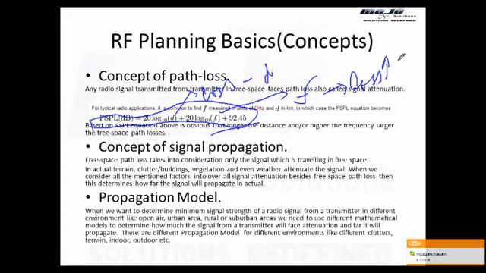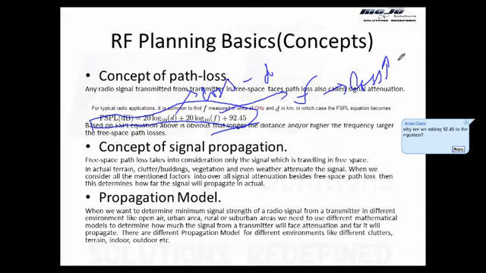To give you an empirical sense of how it works, for example, if your distance is doubled, you will have a 3 dB higher loss. If your distance is halved, you will have a 3 dB better signal. If your frequency is doubled, then you will have a 3 dB higher free space path loss.